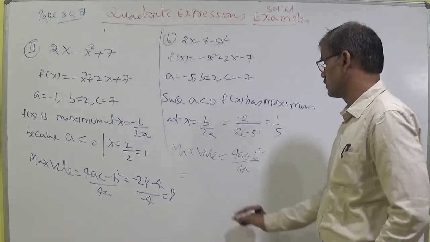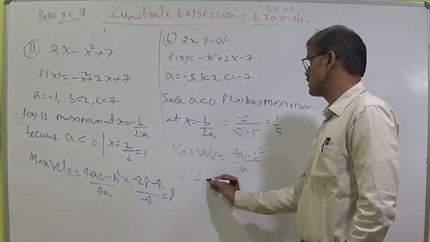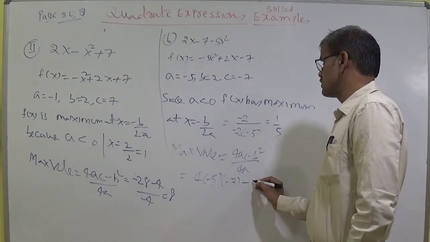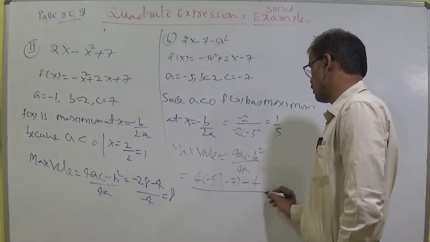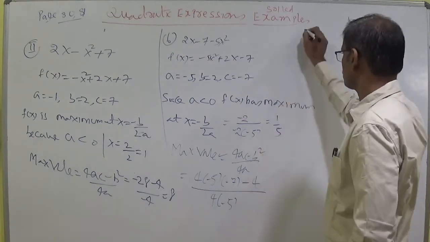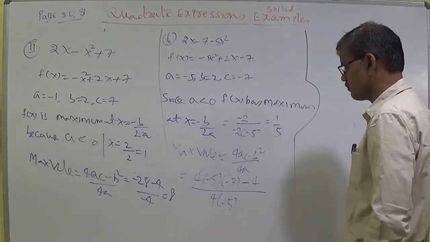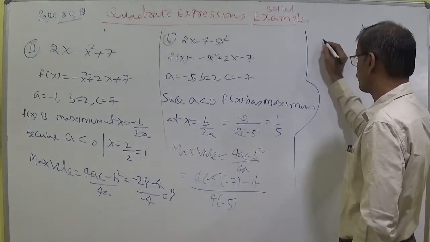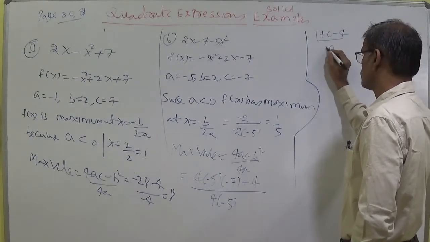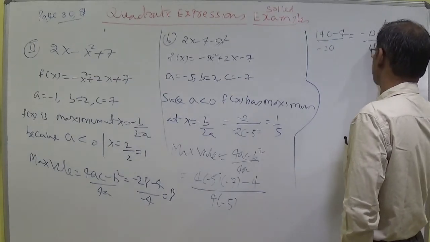You will get the answer in the same way. 4 into a, here minus 5, c here minus 7, minus b square, minus 4, whole by 4a, 4 into minus 5. 4 into minus 5 into minus 7: 5 sevens are 35, 35 fours are 140. 140 minus 4 by minus 20, you can write minus 136 by 20.